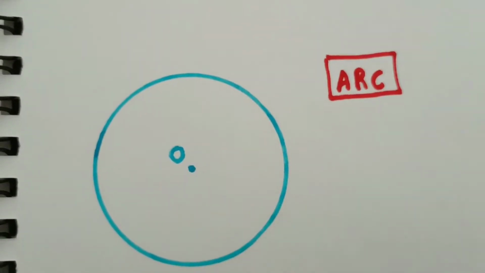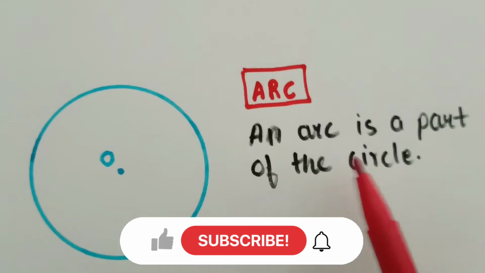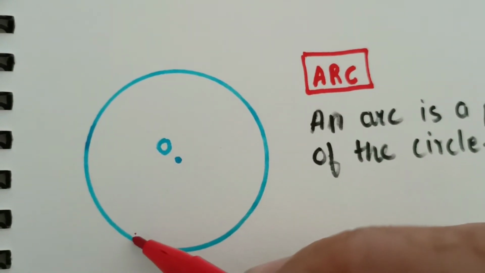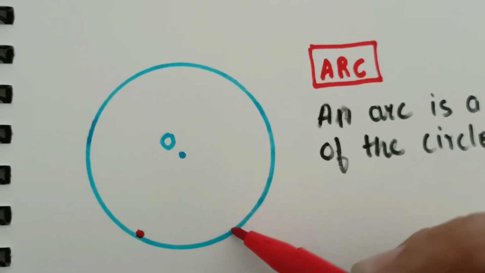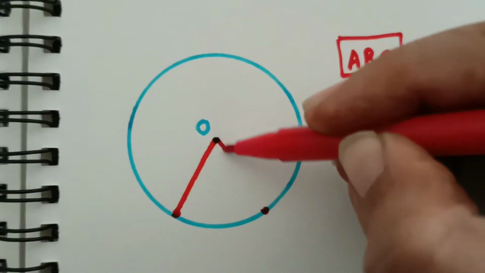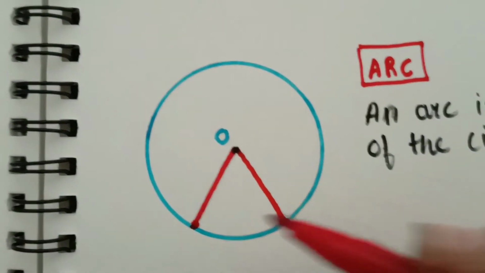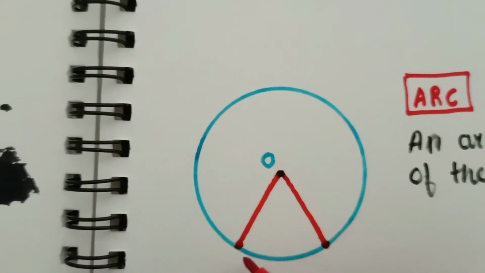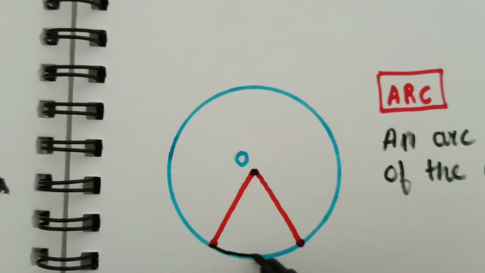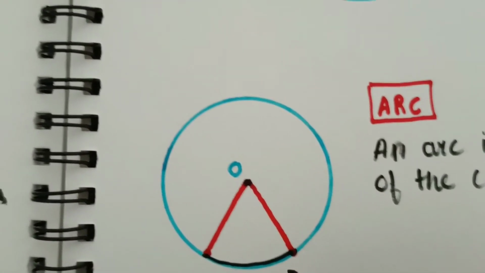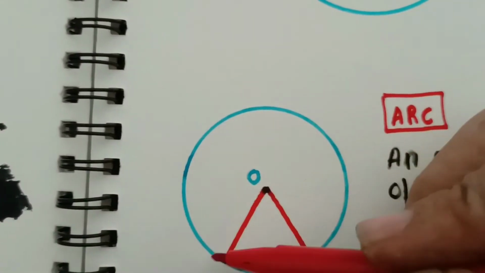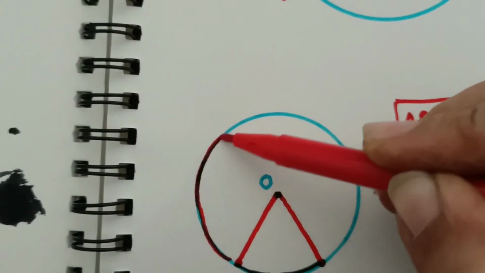Now let us see what an arc is. An arc is a part of the circle. Say I take these 2 points and draw these 2 radii. Now this circle is divided into 2 parts. This part of the circle is an arc, and the remaining part is also an arc.